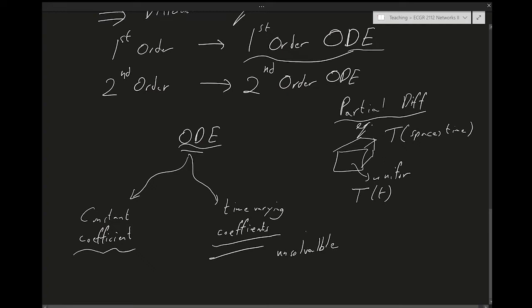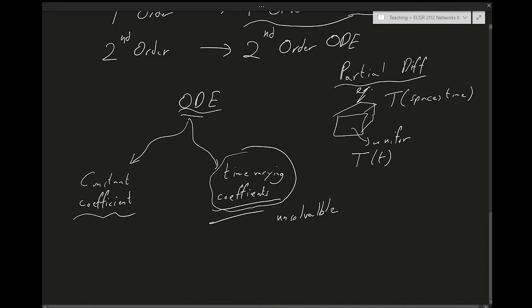Only very special cases of equations with time variable coefficients are solvable. The vast majority of them have no closed form solution, and we have to use numerical techniques. While ODEs with constant coefficients are easy to solve, it's a solved problem. We know exactly how to solve them.